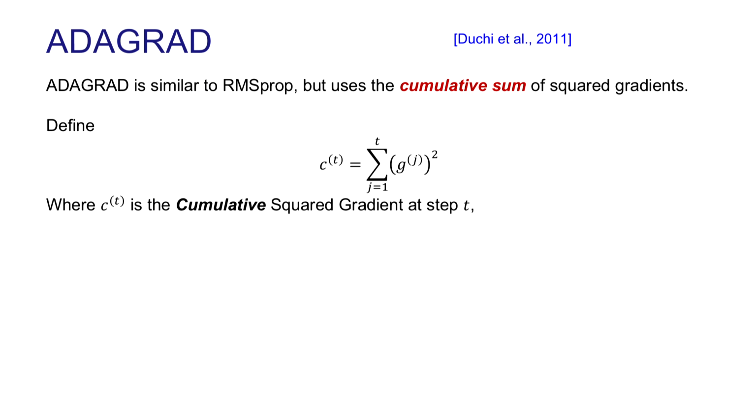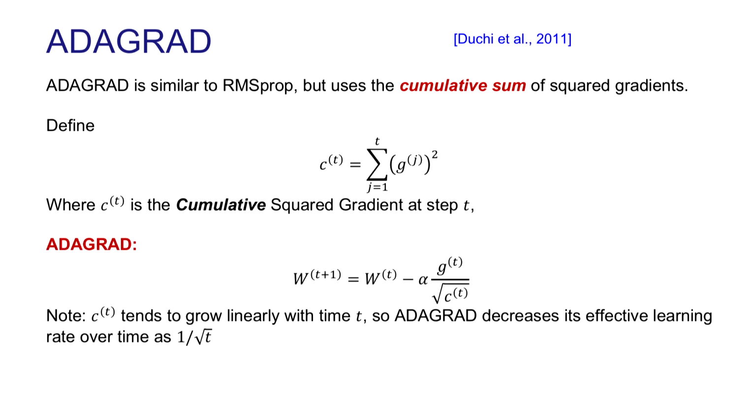But Adagrad is a variation of RMSprop, which instead of computing a moving average, computes a cumulative sum of the squared gradients element-wise. It has an update that looks like this. It's very similar to RMSprop. But Adagrad, interestingly, has a built-in effective learning rate decay.